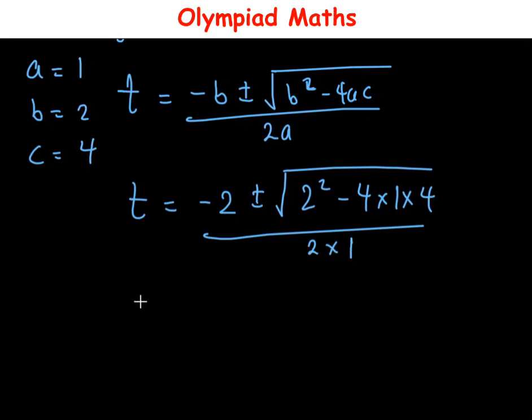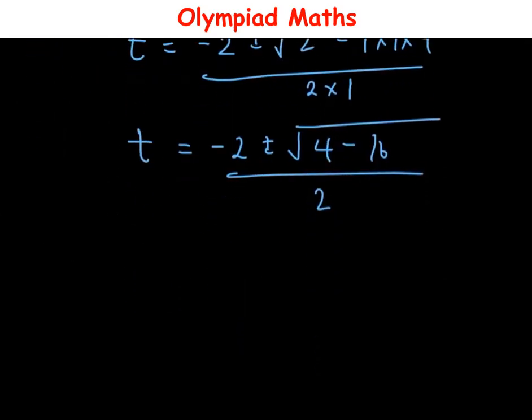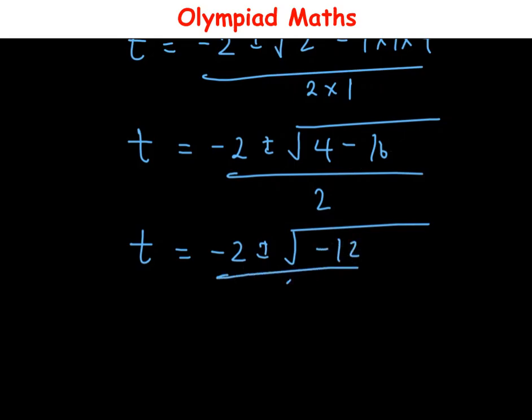And from here, the value of t is equal to minus 2 plus or minus square root 2 squared is 4, minus 4 times 1, 4 times 4 is 16, all over 2 times 1 is 2. So with this, the value of t equals minus 2 plus or minus square root of 4 minus 16, which is minus 12, all over 2.